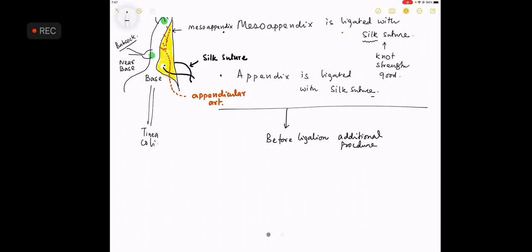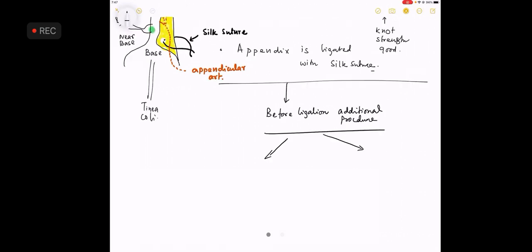Now, this is something that we do not do now, but your old examiners may like to ask you this one. When I was a student, my seniors taught me, this is the appendix before I take it out.